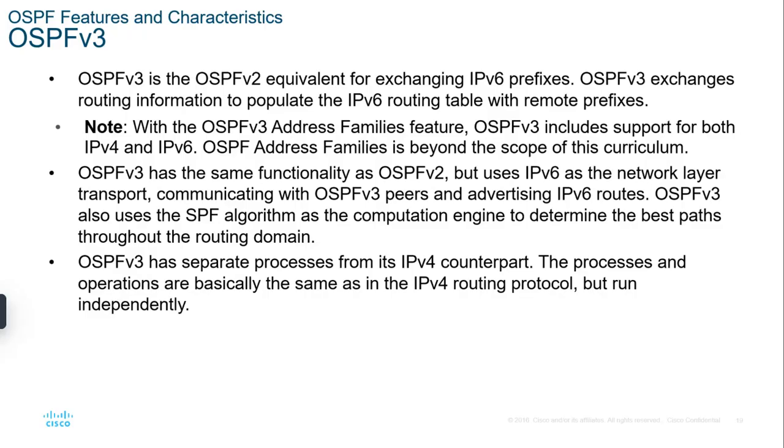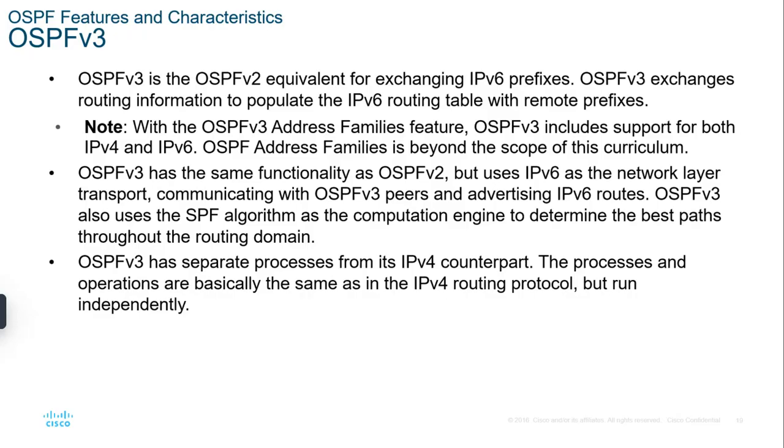OSPF version 3 has the same functionality as version 2, but it uses IPv6 as the network layer transport, communicating with OSPF version 3 peers and advertising IPv6 routes.